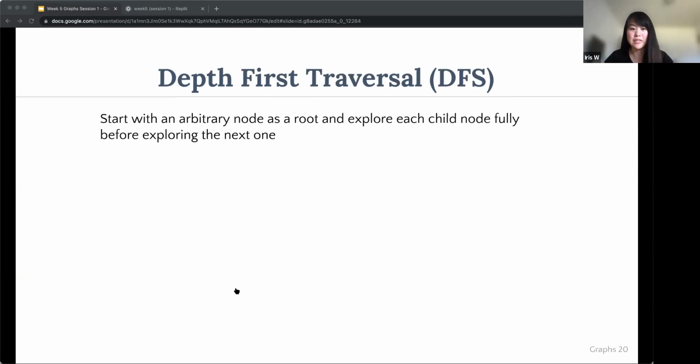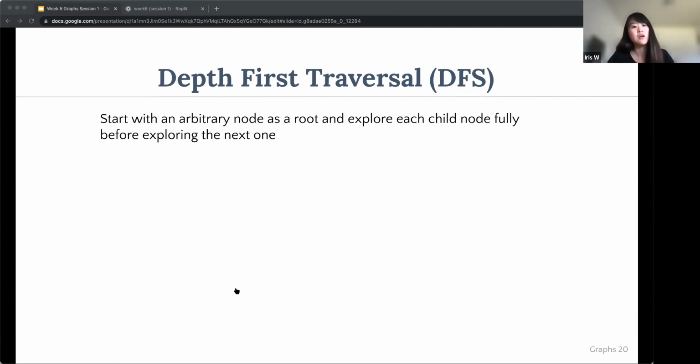And with DFS, it's the same as what you've learned before. You start with an arbitrary node as a root, and you explore each child node fully before you explore the next one. With graphs, there's no real root node generally, so you can pick any arbitrary node as your starting node, and you just want to ensure that you go through the whole graph and visit each node so that you fully traverse the graph.